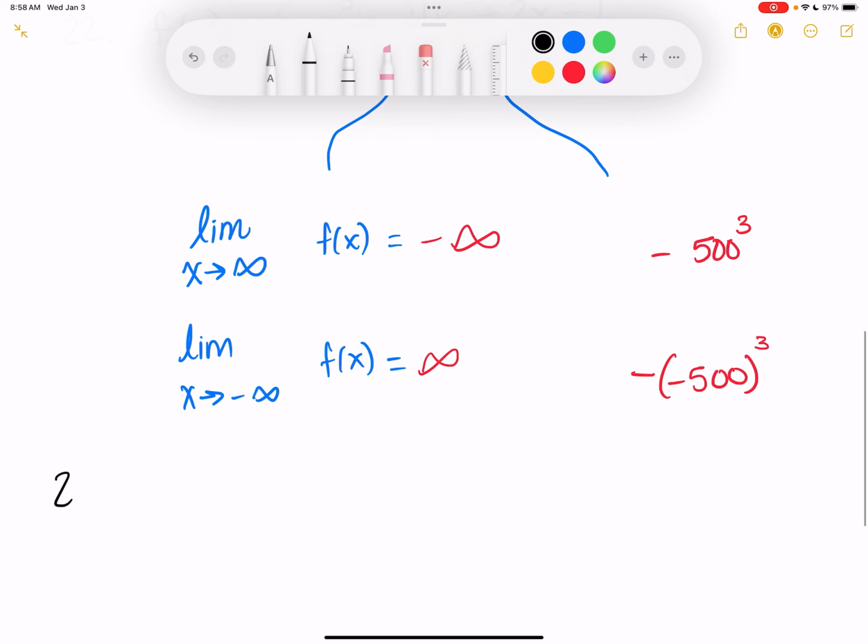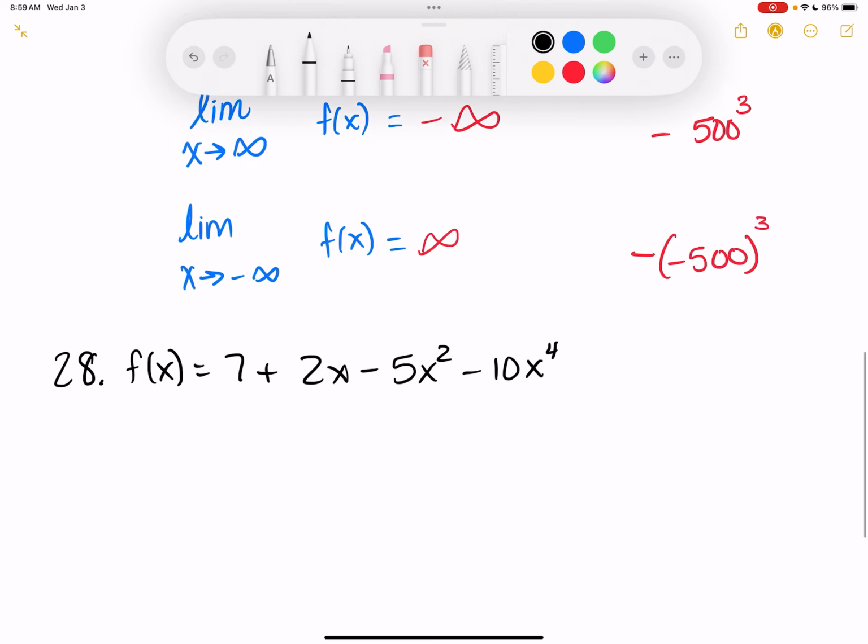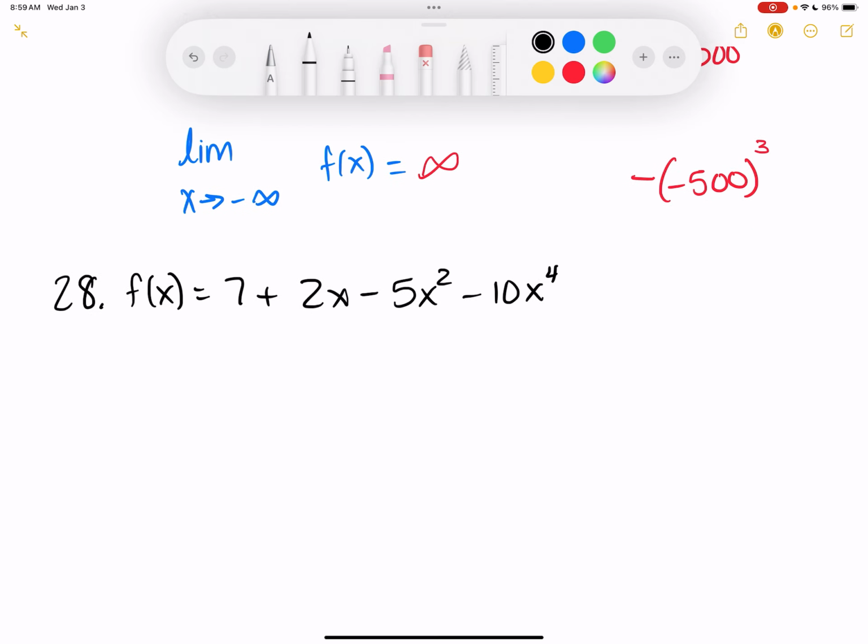28. f of x is equal to 7 plus 2x minus 5x squared minus 10x to the fourth. So what is my highest powered term in this function?